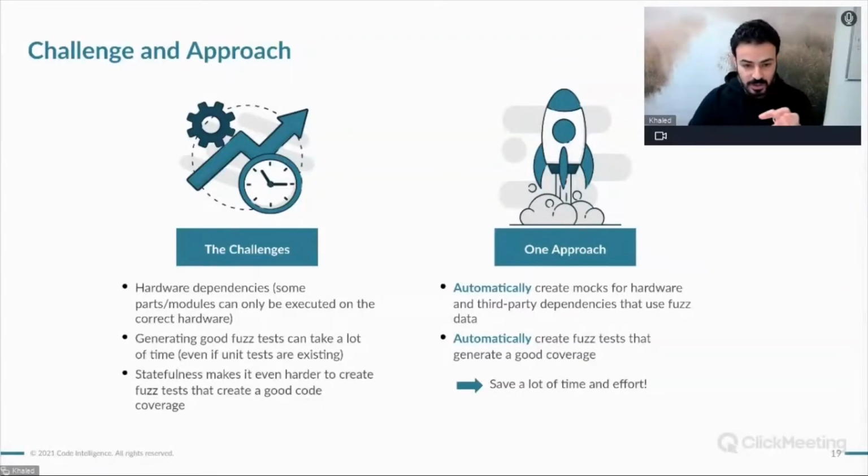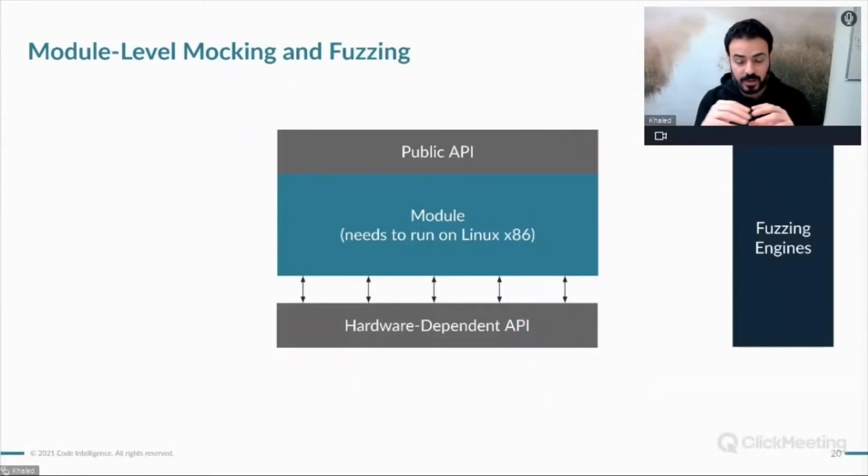So how does this look on a high level? We have the module that we would like to test, to fuzz, and in order to achieve good test results and efficiency, we need to compile this on our Linux x86. And the main challenge, as mentioned, is the public API. These are functions that are provided by the module to other modules to use, and this needs to be fuzzed.